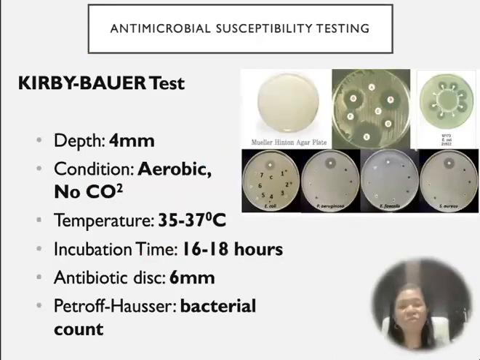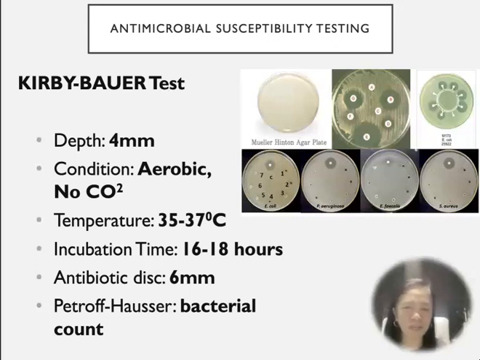Your Kirby-Bauer test requires Mueller-Hinton with a depth of around 4 mm. That is the thickness of the culture media, so that the diffusion of our antibiotic from the paper disc is just right. For conditions, you can simply incubate it after you have inoculated and added the discs, straight in the incubator. Don't put it in a gas pack.